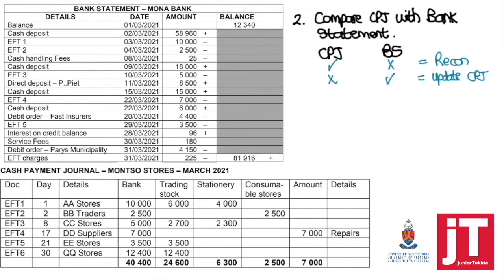If it appears on the bank statement but not in our books, we need to update the CPJ. So now we're going to tick off where it appears in both, and where there's a missing figure, we're going to circle that. So I've now ticked off and I've circled where there's missing figures.